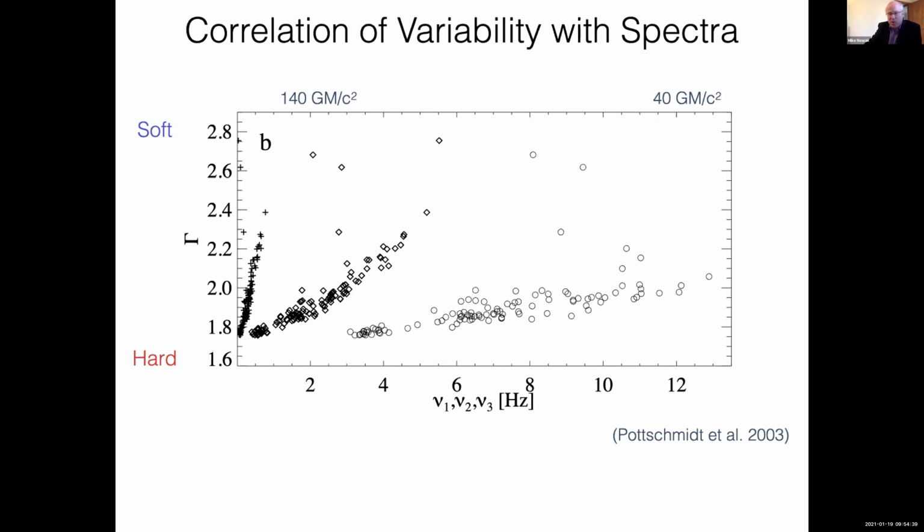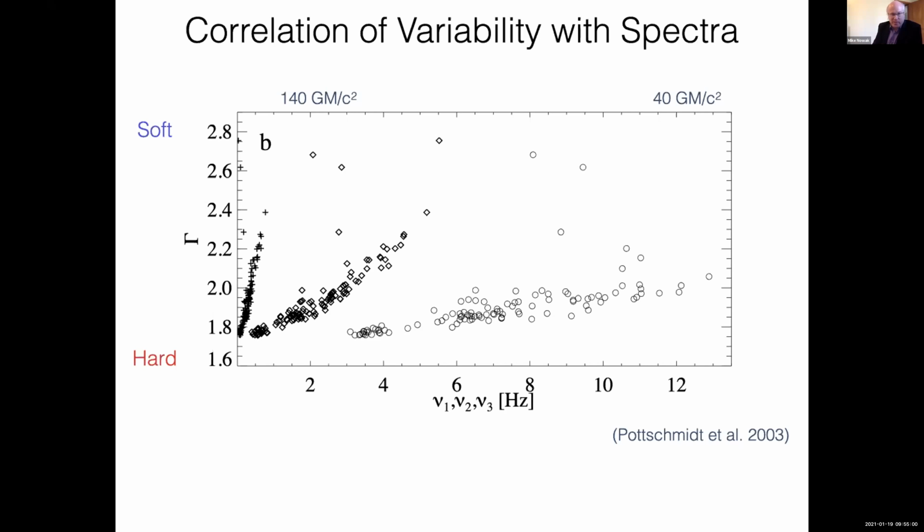And the frequencies are characteristic of very much the inner region of the black hole. The top there labels the distance from the black hole for orbits going around the black hole in units of essentially the Schwarzschild radius, or half the Schwarzschild radius.